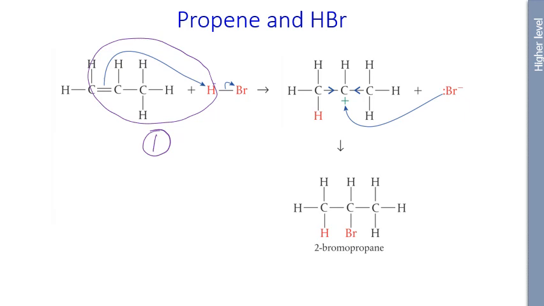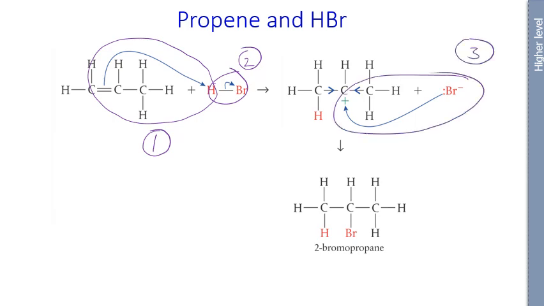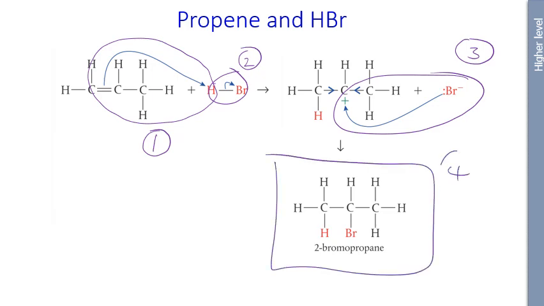Then the curly arrow representing the bromine leaving group originates from the bond between the hydrogen and the bromine atom. That's point 2. The curly arrow goes from the lone pair, or negative charge, of the bromide to the carbocation. That's point 3. And finally, the structural formula of the product is shown. That's point 4.